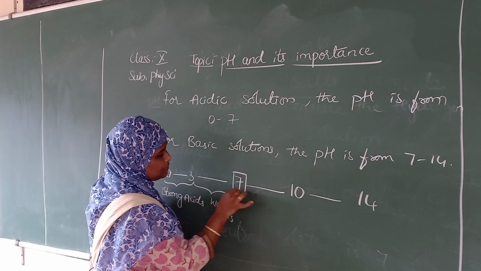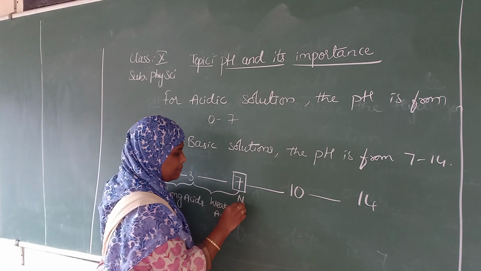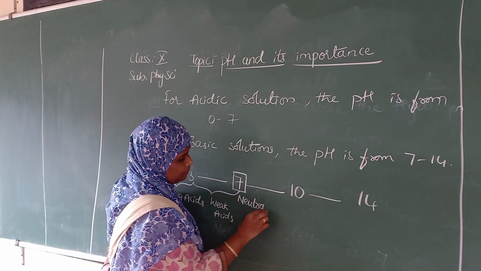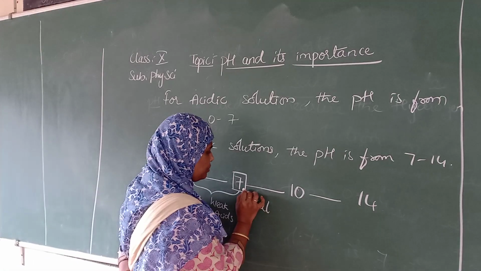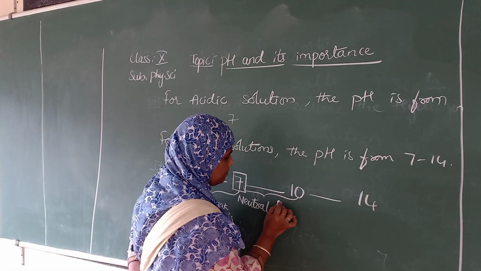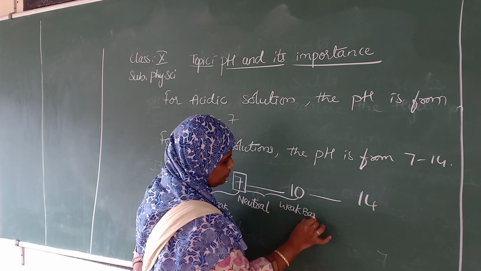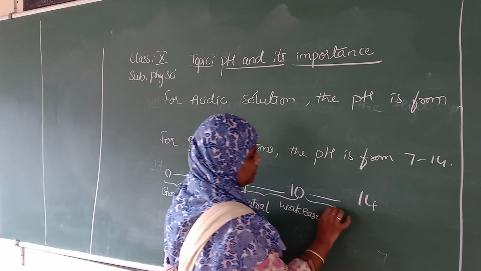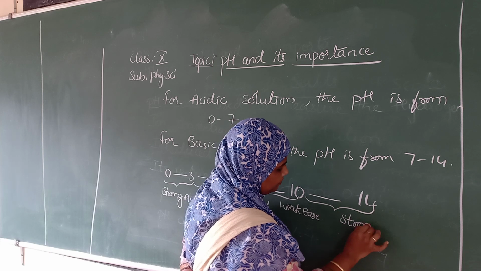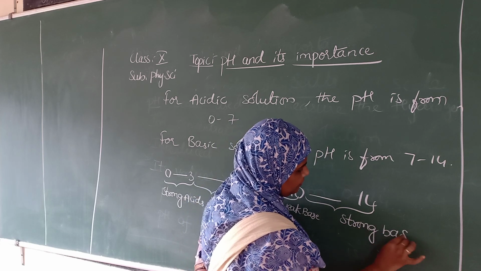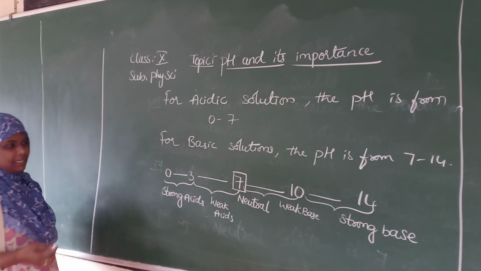A substance whose pH value is 7 is a neutral substance. From 7 to 10, the substance is a weak base. From 10 to 14, the substance is a strong base. This is how we will come to know, and now we will see the color changes.